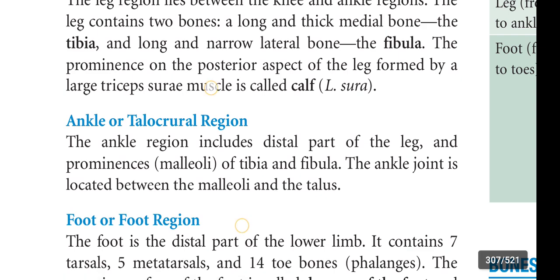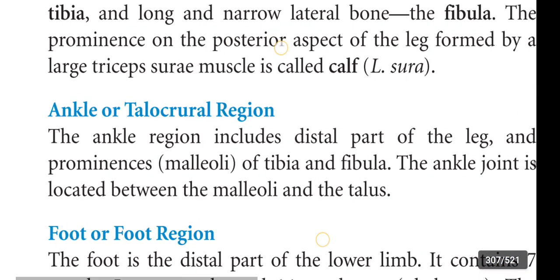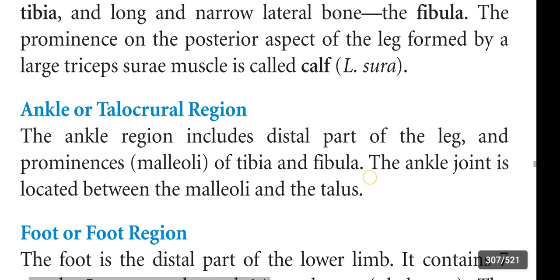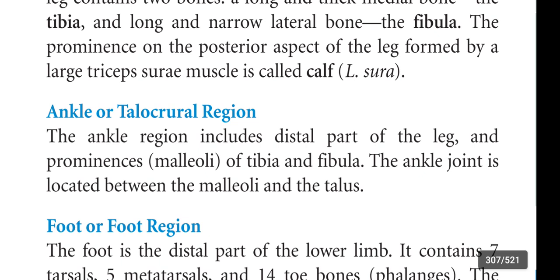Next is ankle or talocrural region. The ankle region includes the distal part of the leg and prominences, the malleoli of the tibia and fibula.